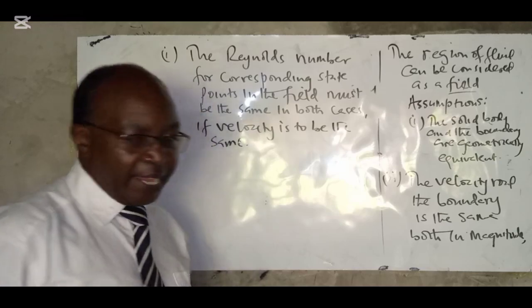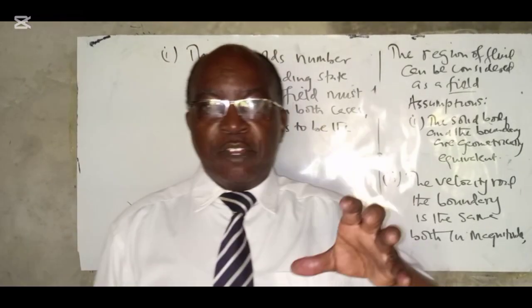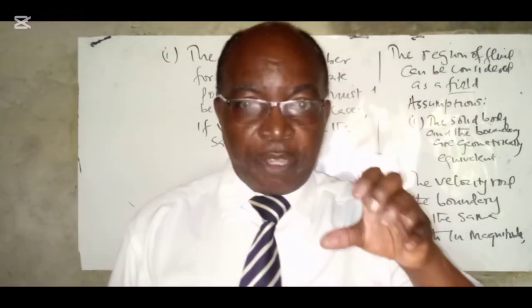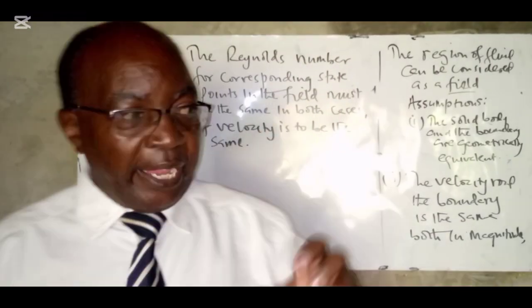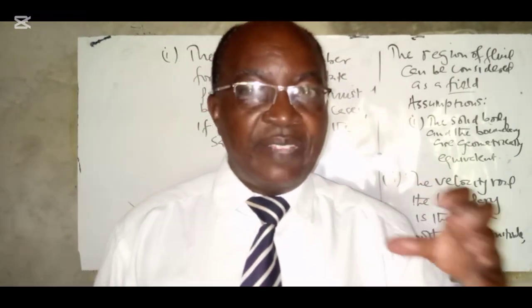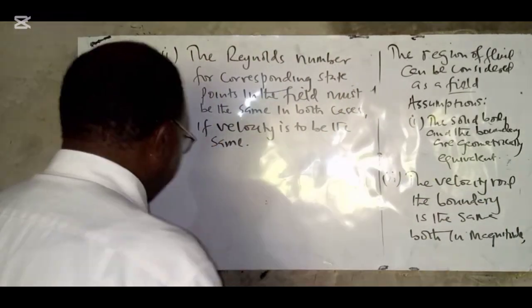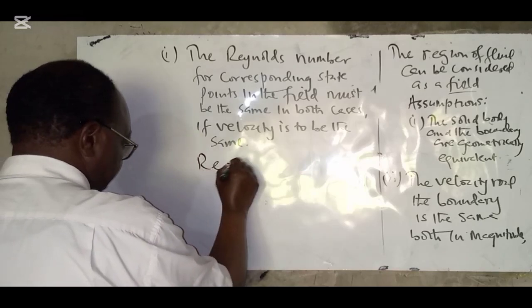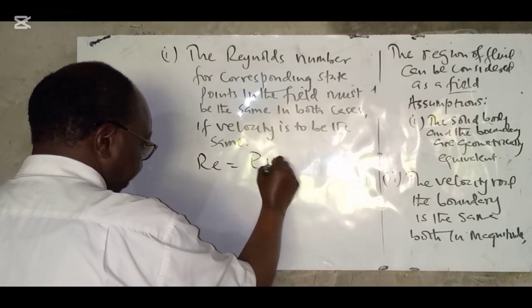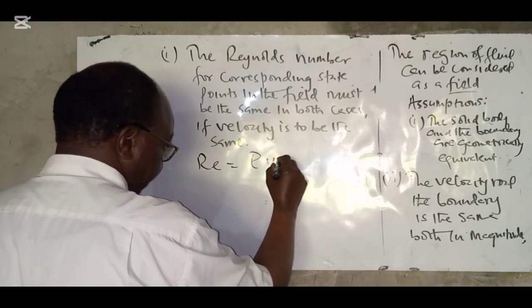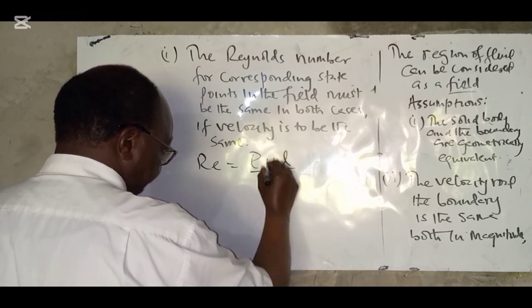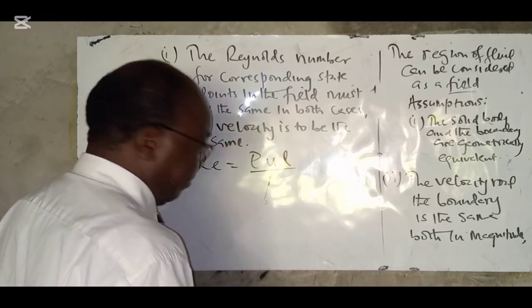So anytime you see that the Reynolds number for corresponding state points in both systems are the same, then the velocities are the same. Remember, Reynolds number is density times velocity times length over the dynamic viscosity.